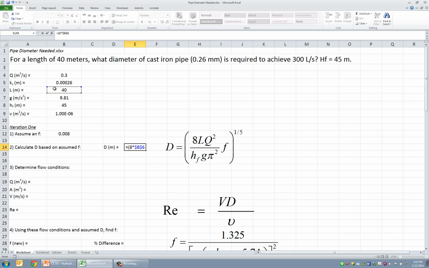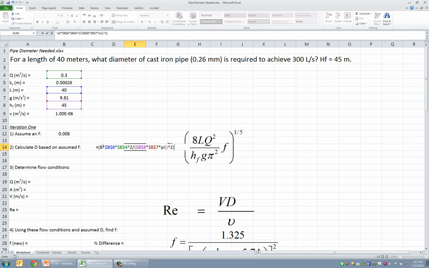Anchor that, because I want to always be looking at that same length when I apply the equation into other places, times the flow rate squared divided by h sub f, anchor that, divided by g times pi squared, so pi in parentheses, and now I need to square it. Close that, and then I need to multiply by f again.